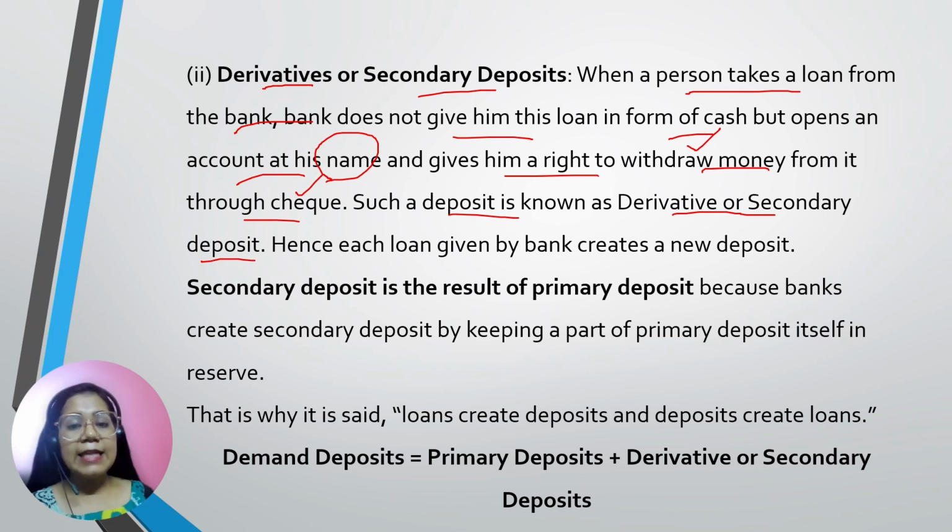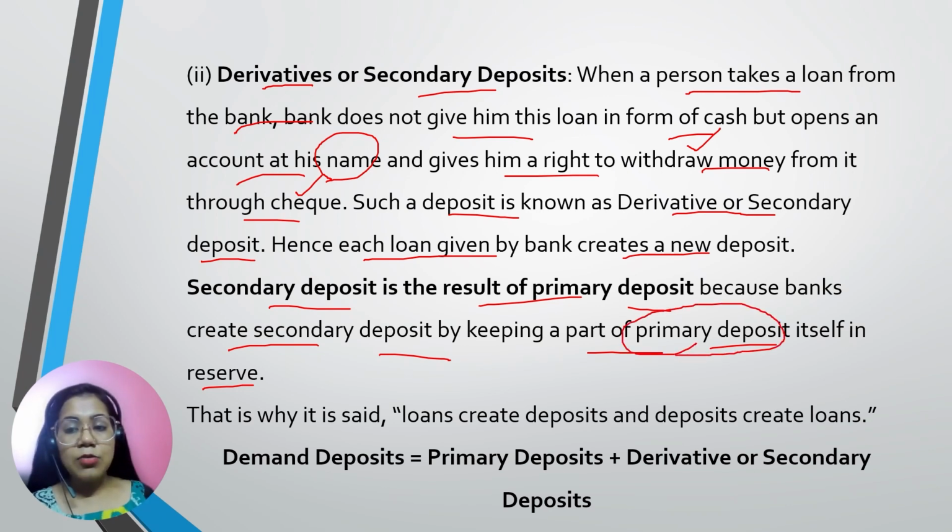Hence, each loan given by a bank creates a new deposit. So secondary deposit is the result of primary deposit. Why? Because banks create secondary deposit by keeping a part of the primary deposit itself in reserve. We know that banks get primary deposits from the depositors.